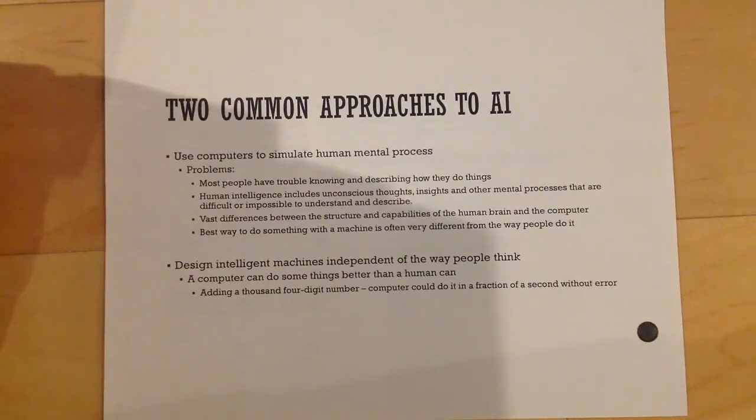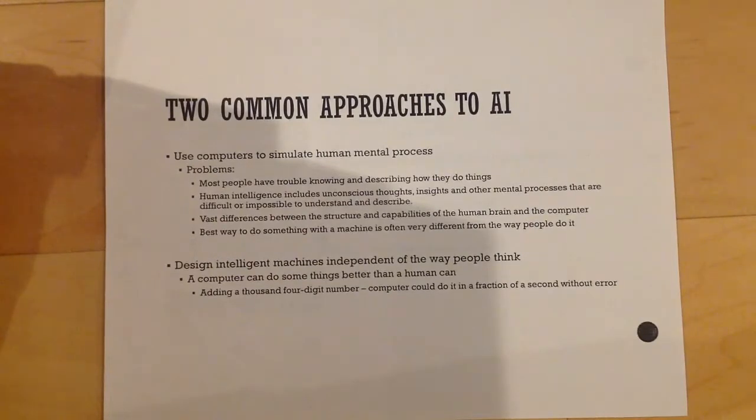So there are just differences that make that approach difficult. And often, people have advantages over machines and machines have advantages over people. So it may not always be the best choice to try to force one to act the way the other does. Like, it's not great to make a human try to act like a computer.